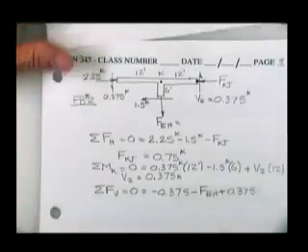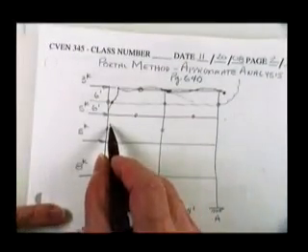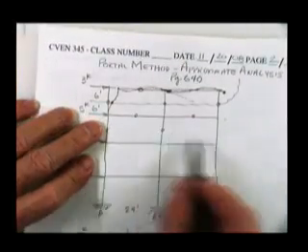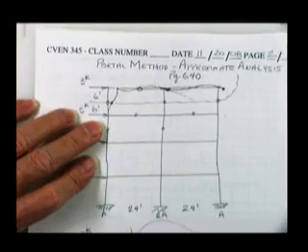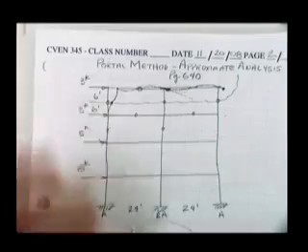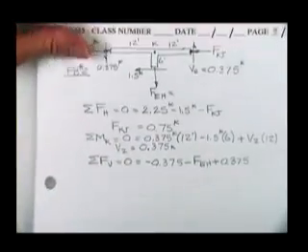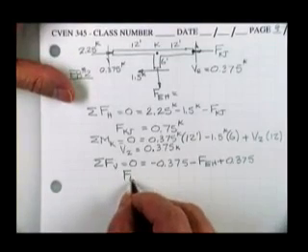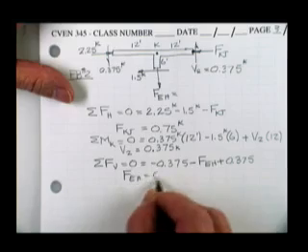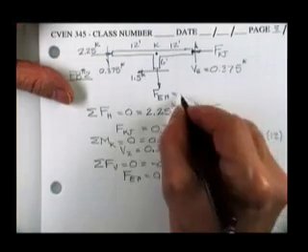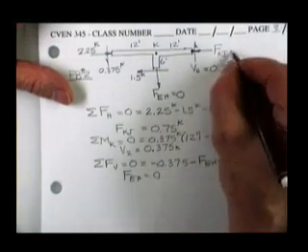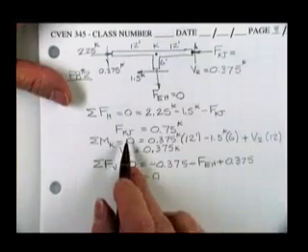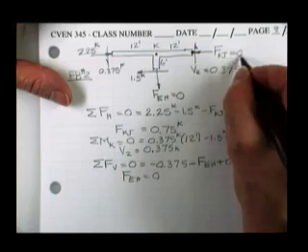Won't always turn out to be 0, especially on the final when I make this guy 3A, 5A, and A. Then things will come out goofy, and you'll have to crank it out. And so F sub EH is 0. And did we already get F sub KJ? Yeah, 0.75.